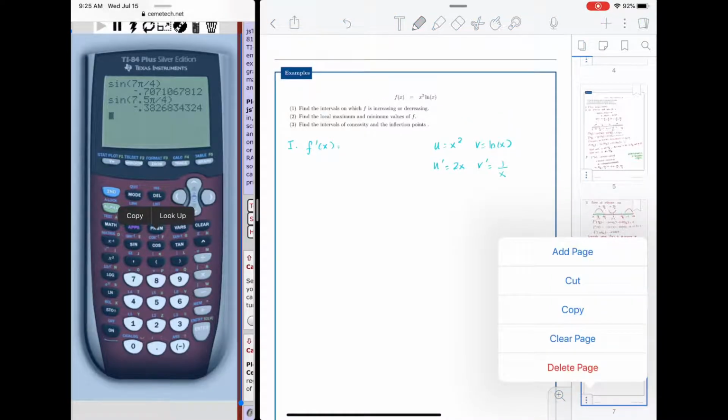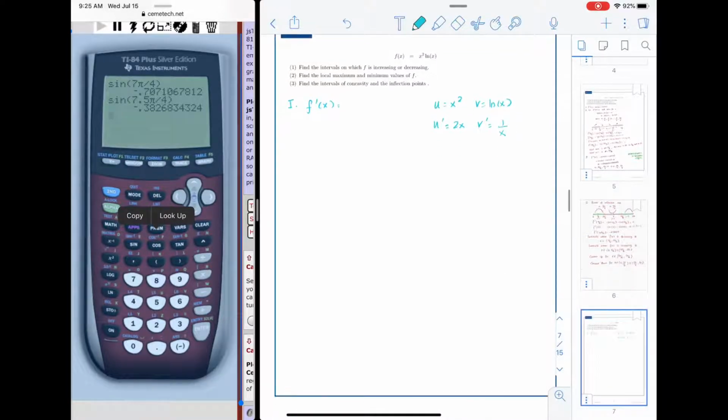U v prime, so x squared times 1 over x plus v u prime, ln of x multiplied by 2x. So the x's would get cancelled. We have x plus ln of x multiplied by 2x.